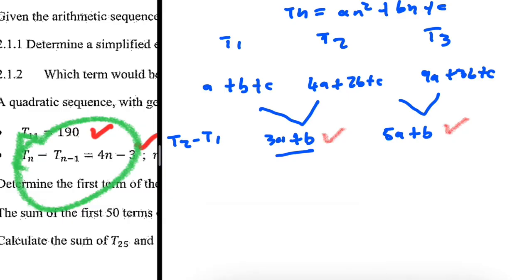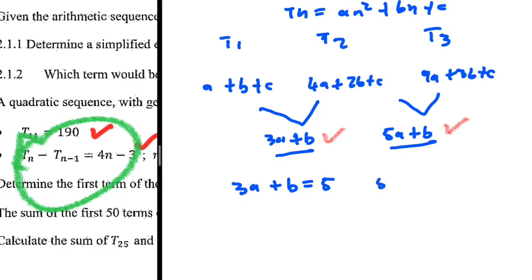Okay, so that allows us to say that 3a plus b is equal to 4n minus 3. So this is the difference between T2 and T1. So we're going to have 4 multiplied by 2, which is 8 minus 3 is equal to 5. Okay, and then this right here is the difference between T3 and T2.